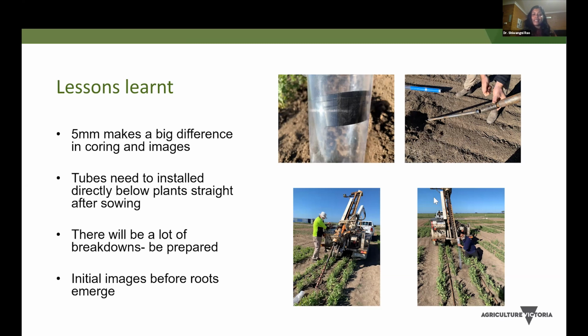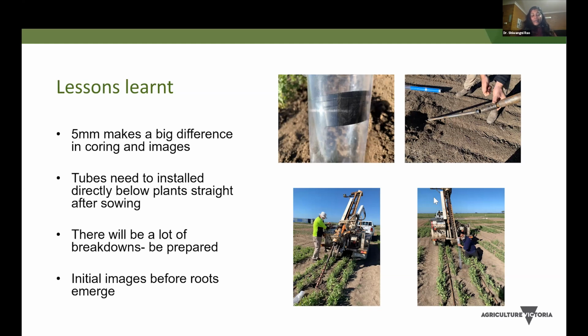However, there was a little bit of mistake in the diameter, and I realized how much of a difference 5 millimeters can make, because when you're dealing with soil and taking soil cores, it is such a bulky thing to do. There's so much soil disturbance. You don't think that 5 millimeters is going to make a big difference, but we could not install the plastic tubes when we took the correct corer size, just because of that 5 millimeters.